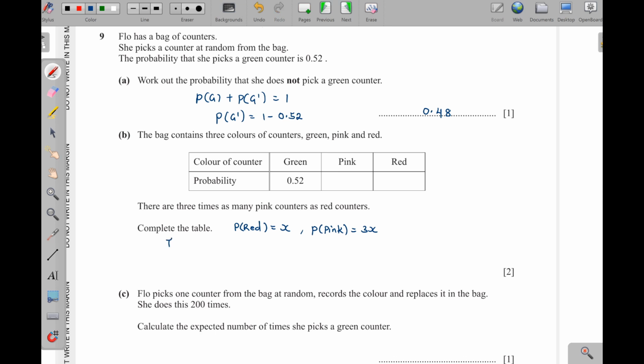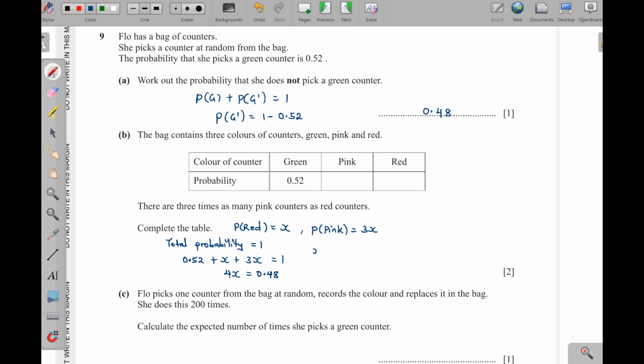Now we know that total probability is equal to 1. So we shall have 0.52, which is given here, then plus x, then plus 3x. We equate to 1. So this one will be 4x here, which is equal to 1 minus 0.52. That one will give us 0.48. Not so?